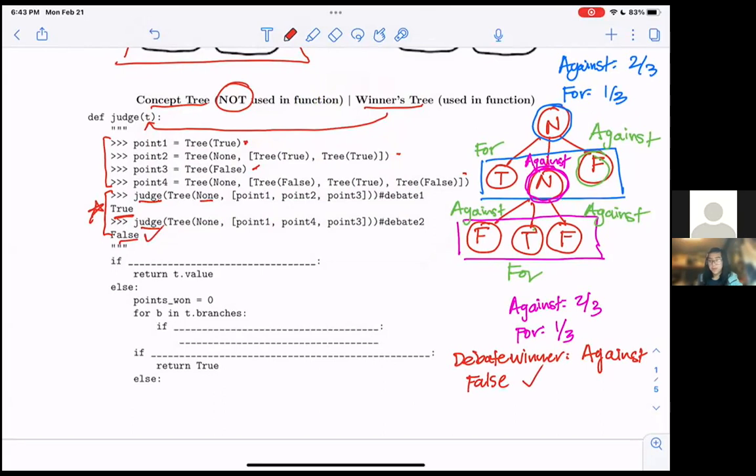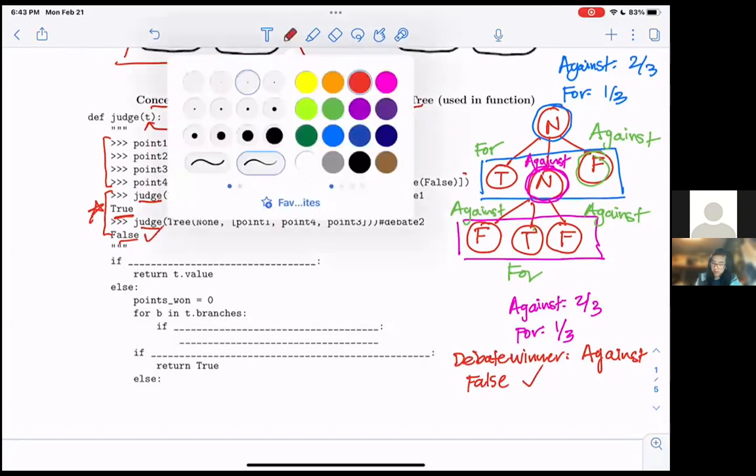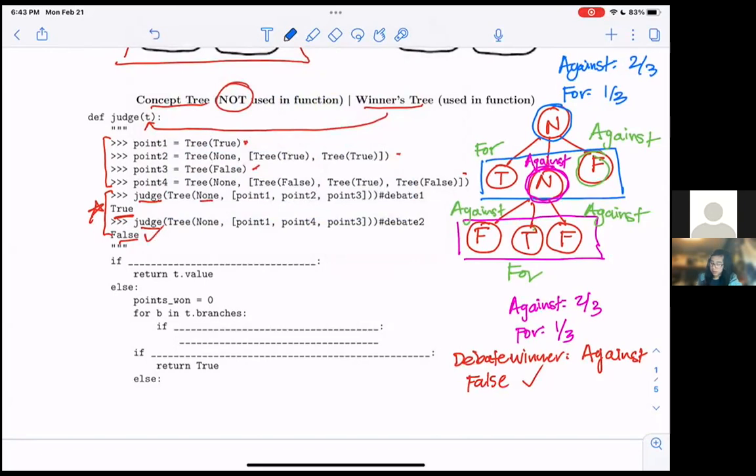Okay, cool. So now that we have a better understanding of the problem, let's look at the skeleton code. As I mentioned when we were manually going through the problem, this is a recursive problem, right? Because we don't necessarily know who has won a particular point if the point has subpoints.